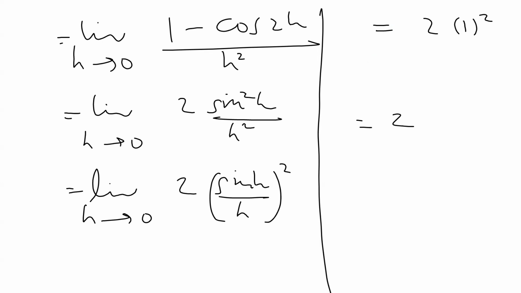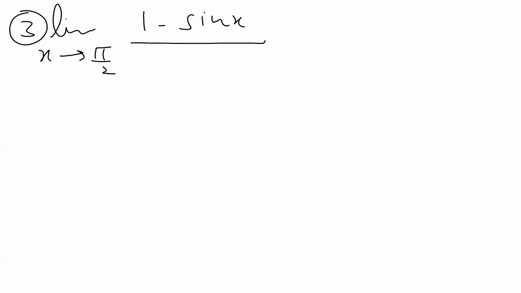Okay. Third one, limit x approaching pi by 2, 1 minus sin x upon pi by 2 minus x the whole square. Here also, if you put x as pi by 2 in the denominator, it becomes 0.